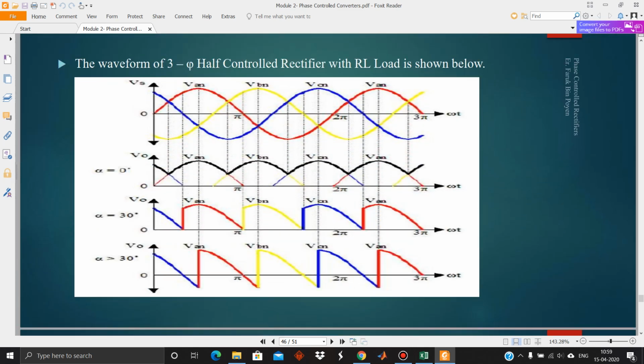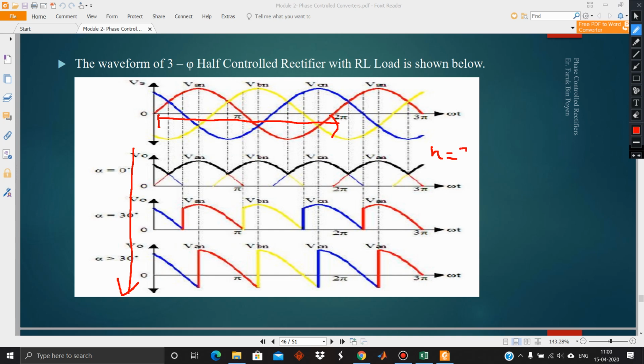So these are the waveforms. You can see that the waveforms are drawn for different firing angles. And here also you see that gradually from alpha equal to 0 to 30 degrees and greater than 30 degrees, the waveform is gradually shifting downwards. Here also, for one complete cycle, the number of pulses is equal to 3 for all the 3 cases.